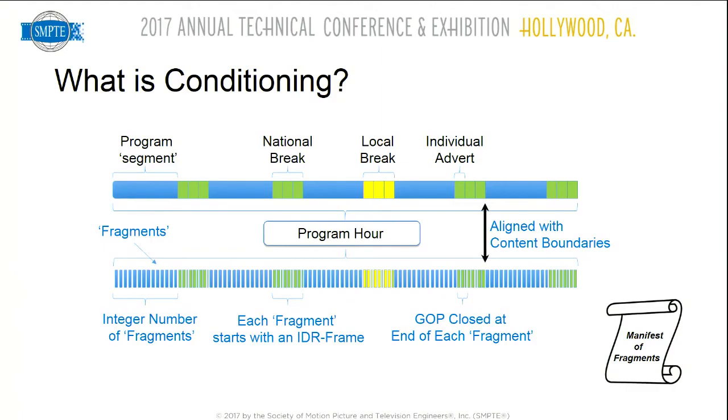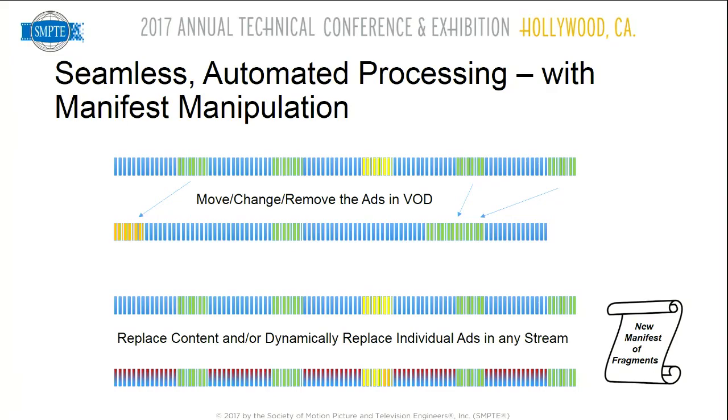And the benefit of doing that is that you can seamlessly manipulate that content by manifest manipulation. So the manifest is the list of files. It's a bit like a playlist that's sent along with the content. And then you can, very simply by rewriting that manifest, move those files around. So you can move, change, you can remove ads in a VOD file.